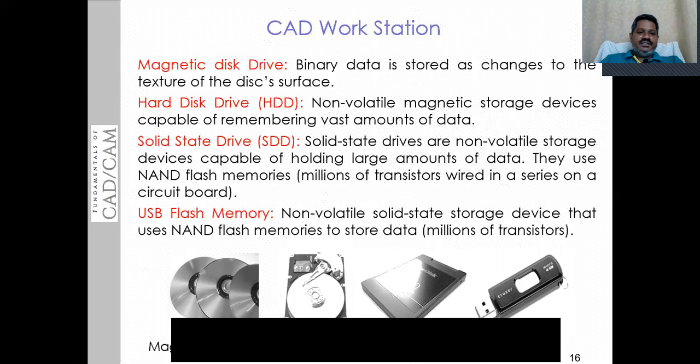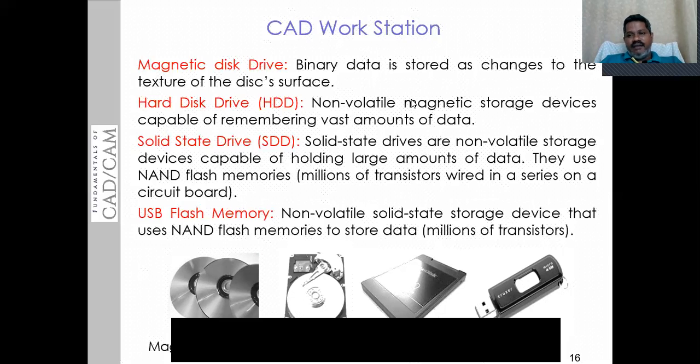The size of the hard disk drive is smaller to some extent when you compare it with other devices like the solid state drive, SSD. Solid state drives are also non-volatile storage devices capable of holding a large amount of data when you compare with the HDD.